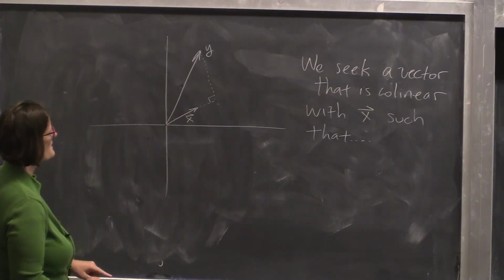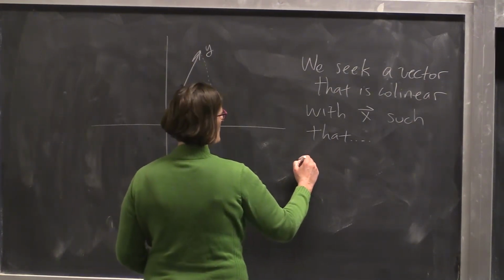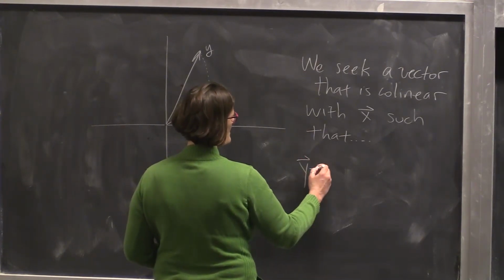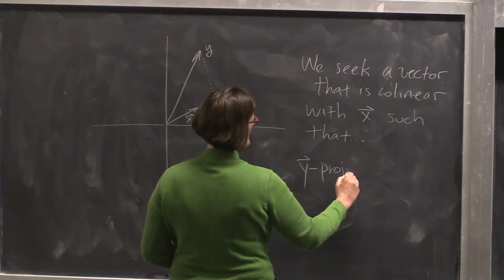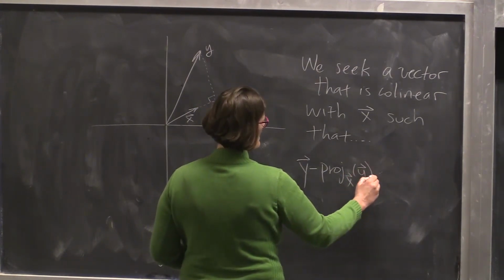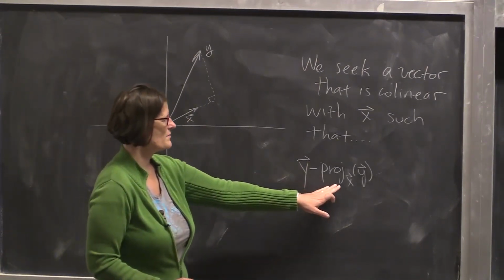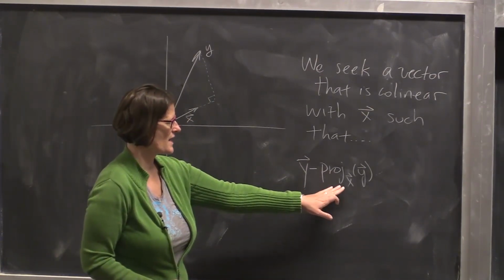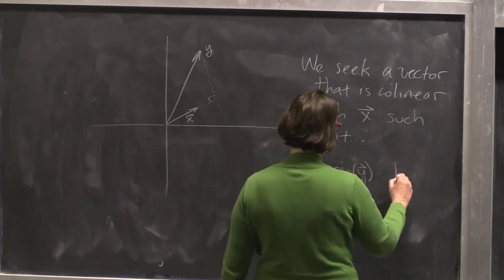What that means is we want y minus the projection onto x of y. If this is a right angle, then y minus the projection of y onto x should be orthogonal to x.